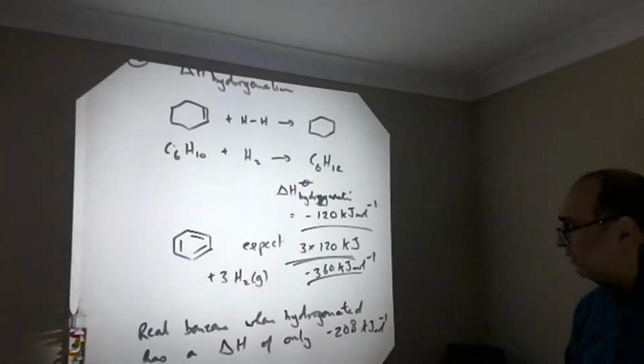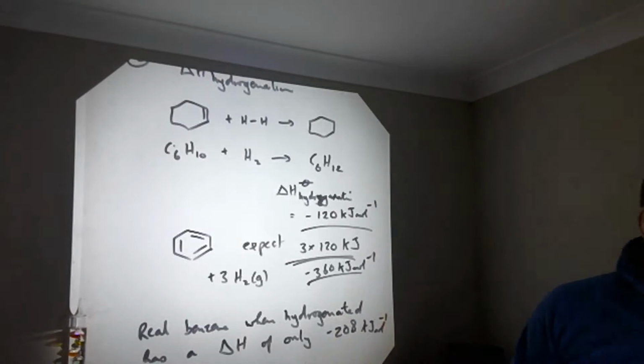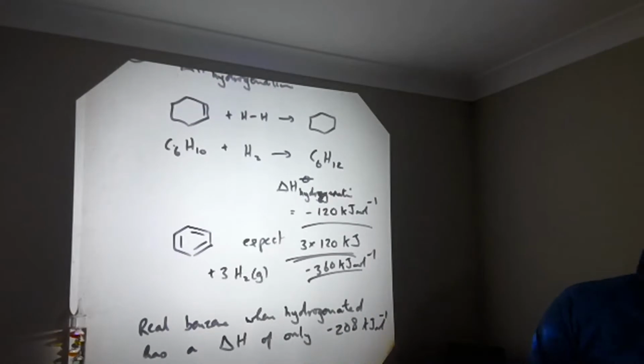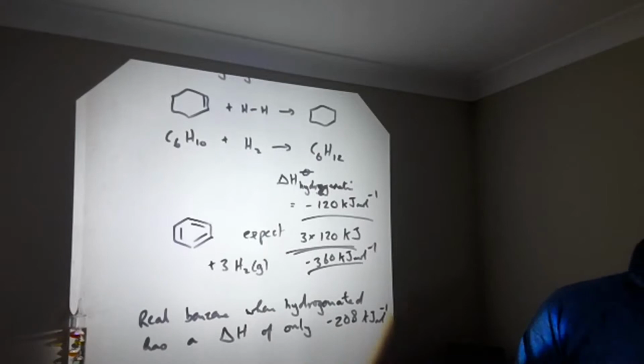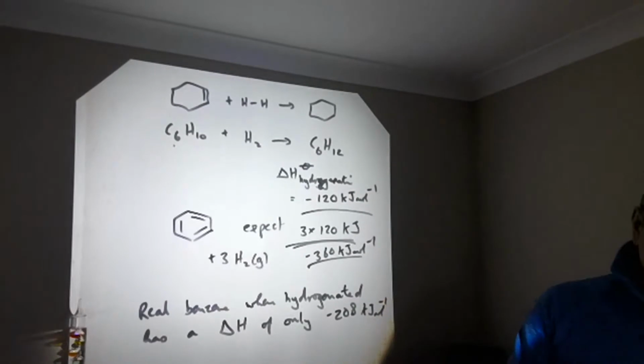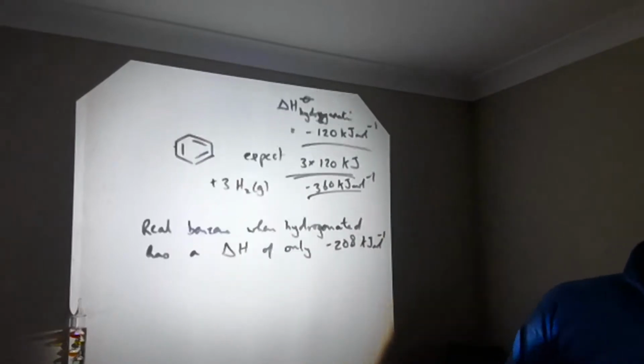Now, this argument is difficult to see. I mean, clearly, you can say the structure is not a cyclic triene, but you can get a lot more out of this experiment, evidence too about hydrogenation energies, if we plot it on an energy level diagram.